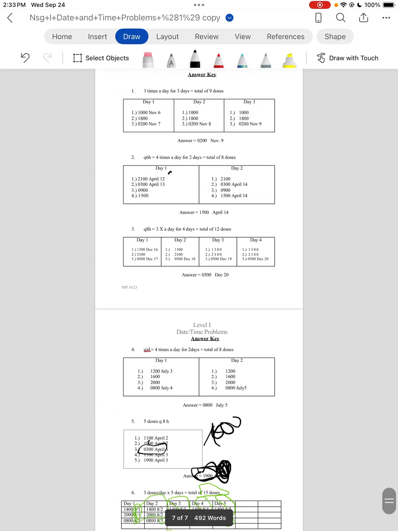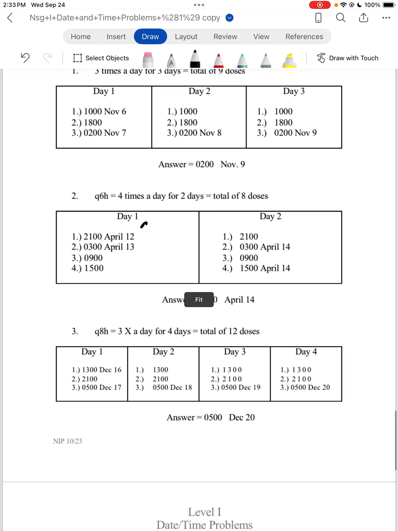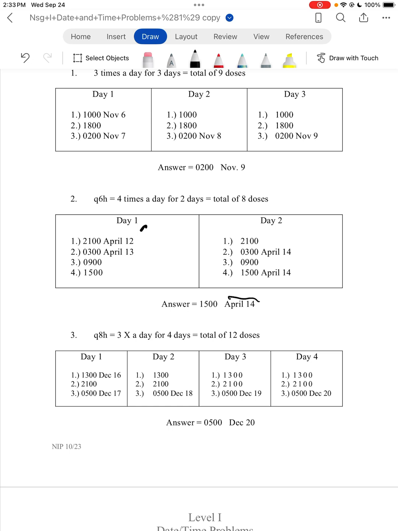Let me see. April. There it is. April 14th at 1500. That will be your answer. And they also show you how they get it. So if you don't really understand the way I did it, look at this for a second. Day 1 and day 2.